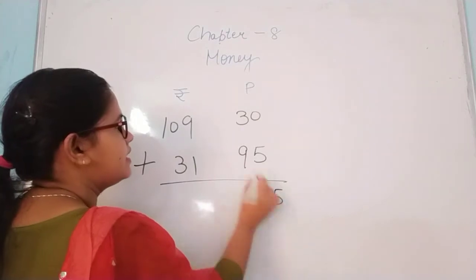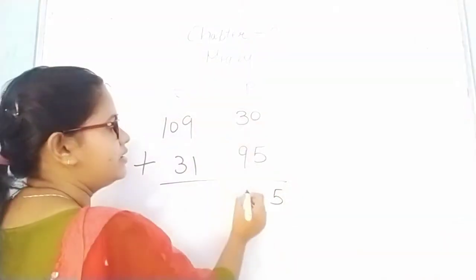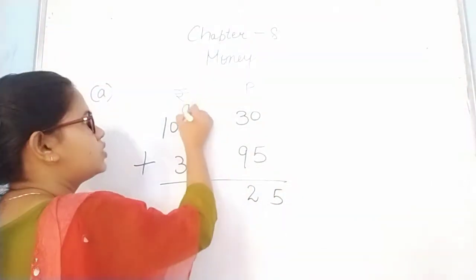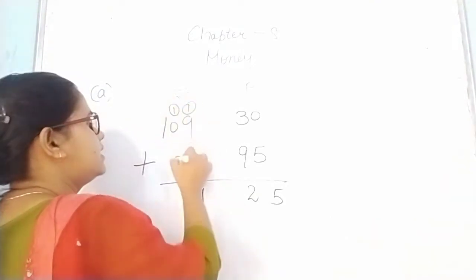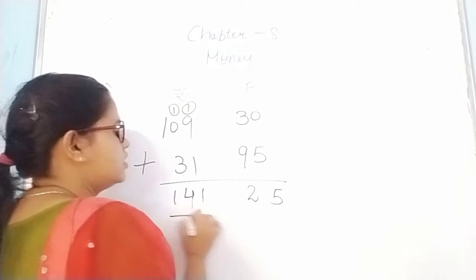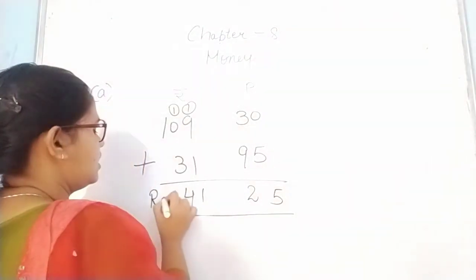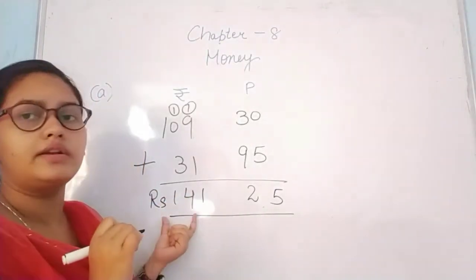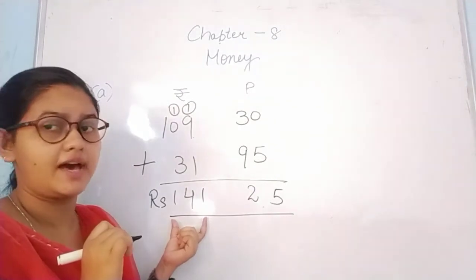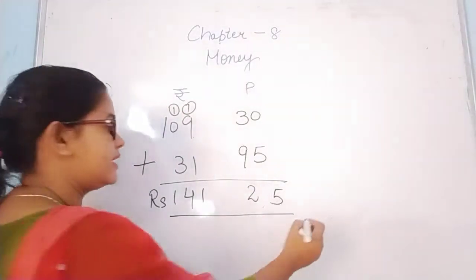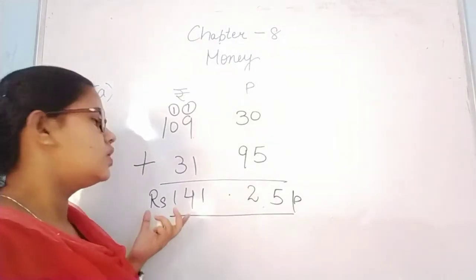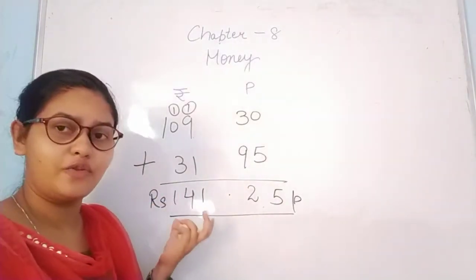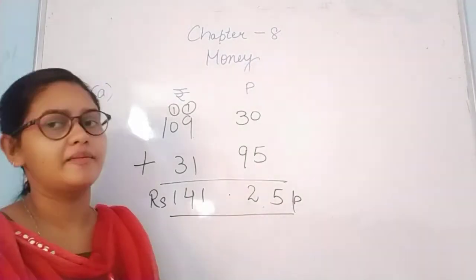You can see 9, 10, 11, 12. 1 goes here. 9, 10, 11. 1 will be here. 3 becomes 4. So you can see how much is rupees: 141 rupees and 25 paise is here. So 141 rupees 25 paise.